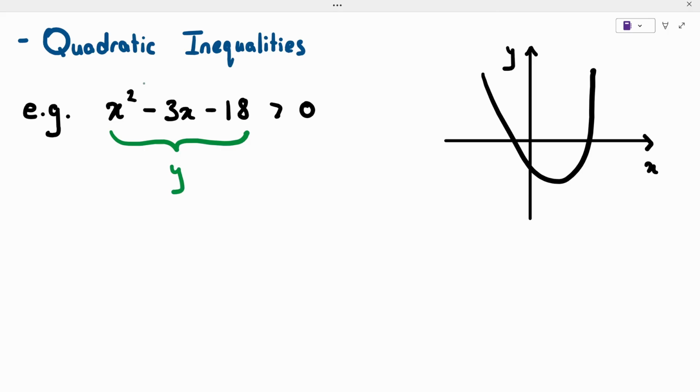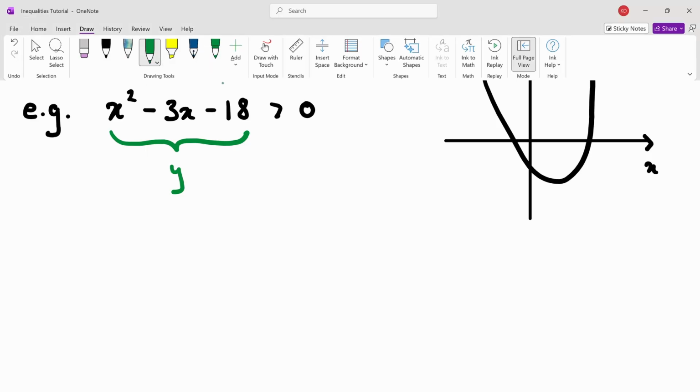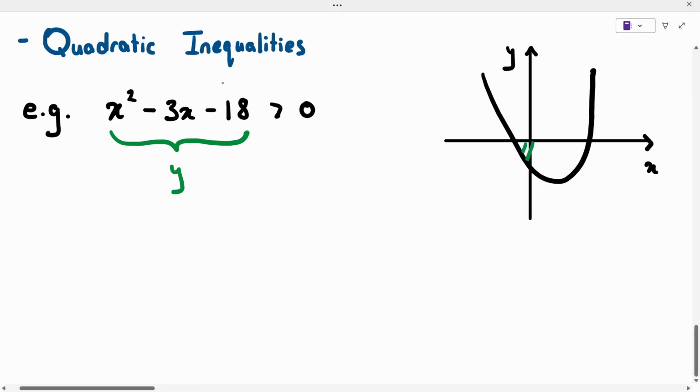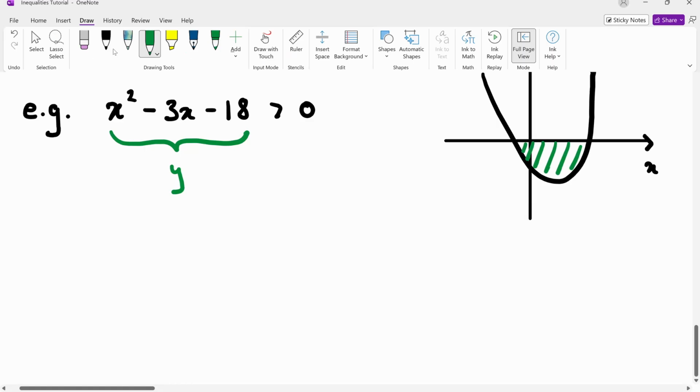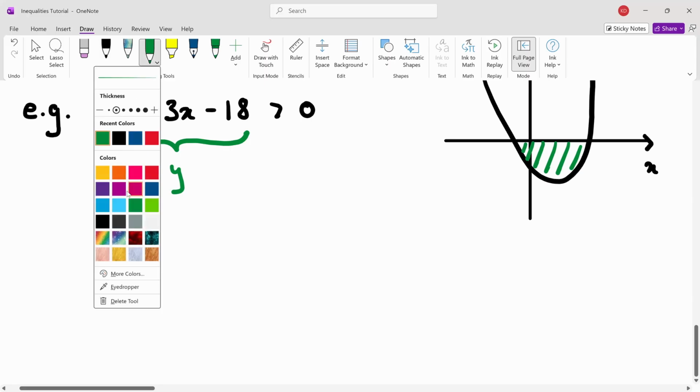That value, depending on the value of x, is either above the x-axis, which is greater than 0, or under the x-axis, which is less than 0. So what is going on here? This green region here is the values of x, which make y less than 0.